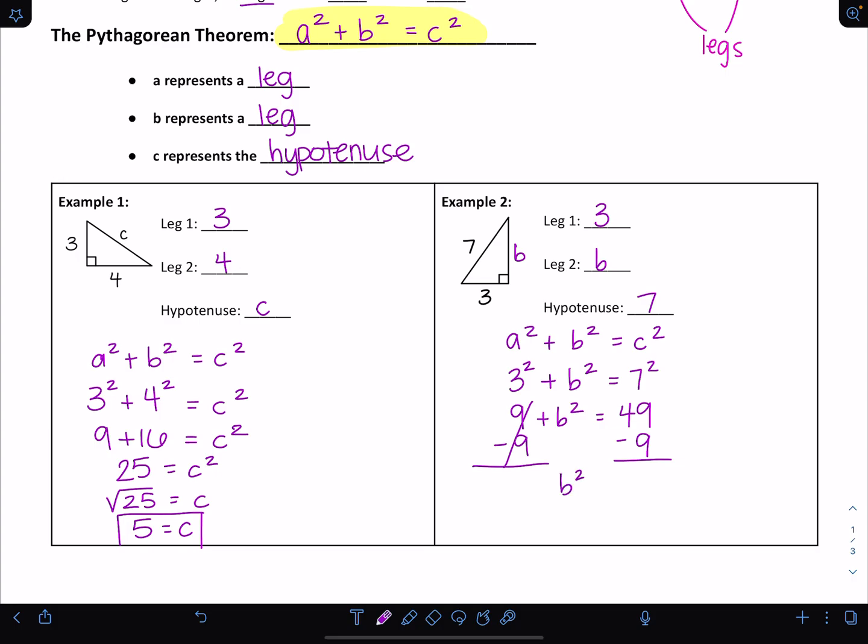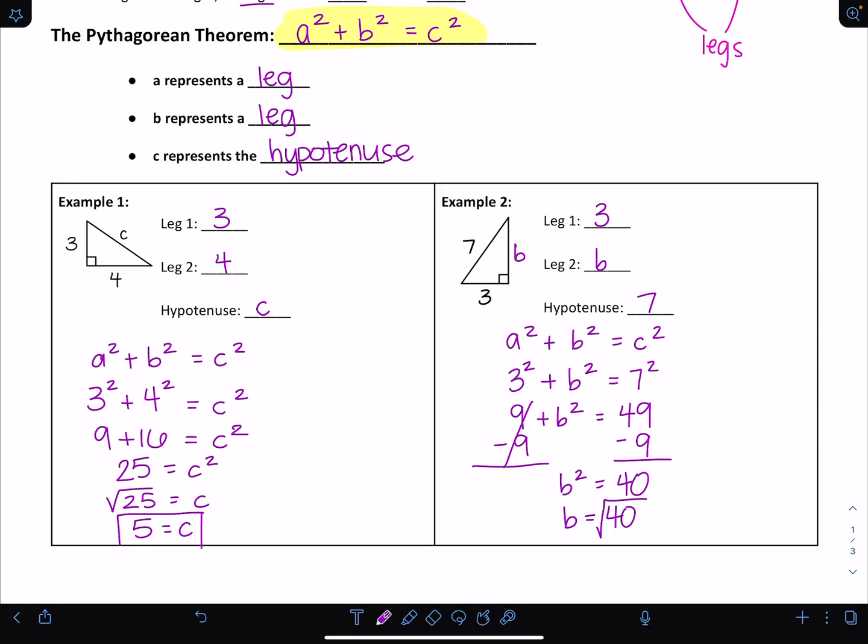We're left with b squared, and on the other side, we have 40. And finally, we need to cancel out the squared part of b squared. The opposite of squaring is taking the square root. So we've got b equals the square root of 40. That's pretty good for an answer.